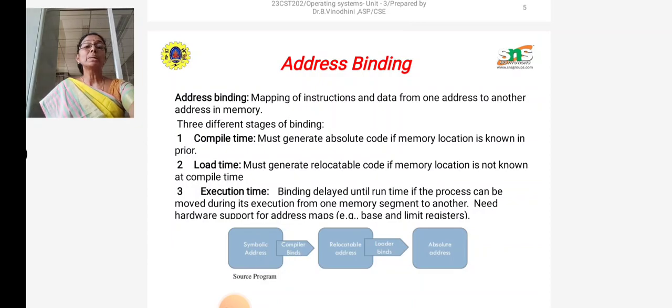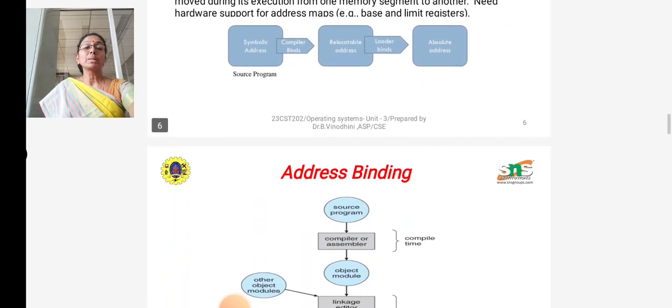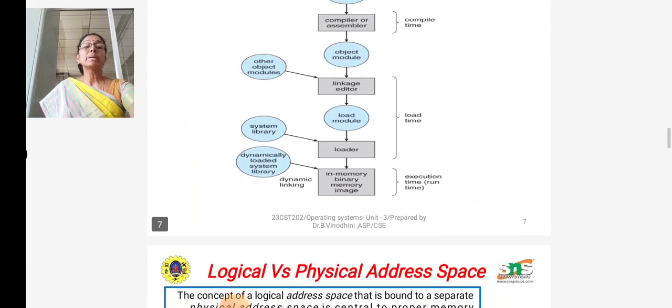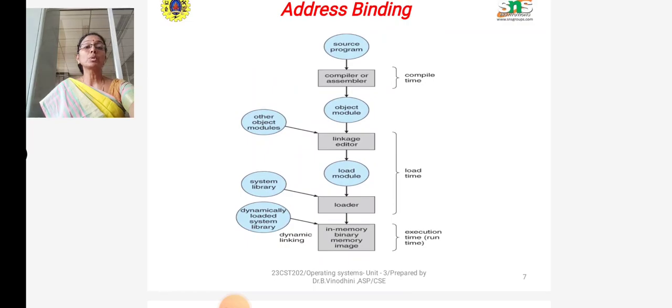Compile time generates absolute code, load time generates relocatable code, and at execution time the relocatable code is brought into the physical memory. This is the address binding of normal programming language execution. First, the source program is compiled or assembled by the compiler or assembler to generate the object module, and from the object modules, the linker links all the modules into a single program.